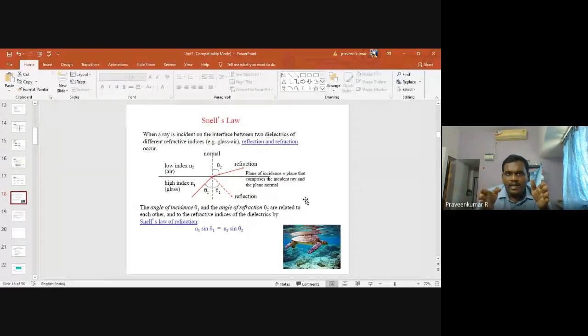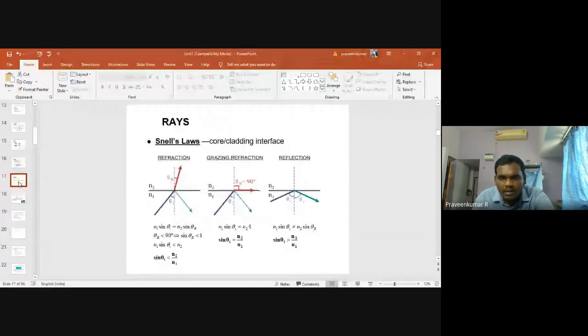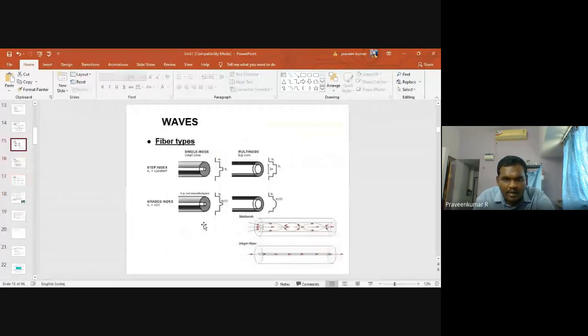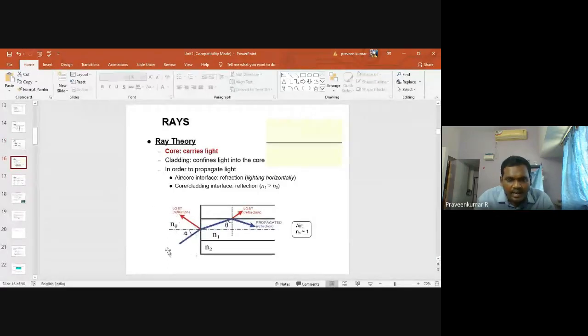Generally, in this particular slide, you can see N0, N1, and N2. N0 is the air medium. Then this is the interface point between the air and your core material. The core is N1 and the cladding is N2.